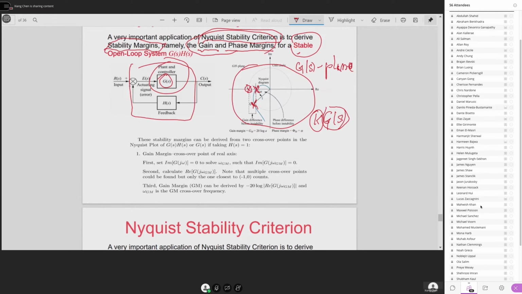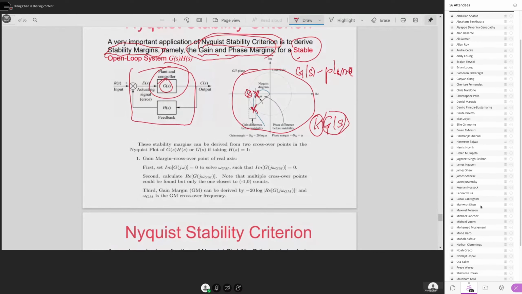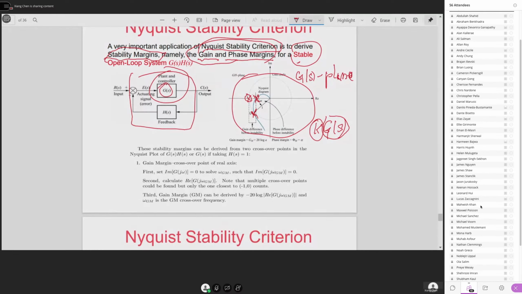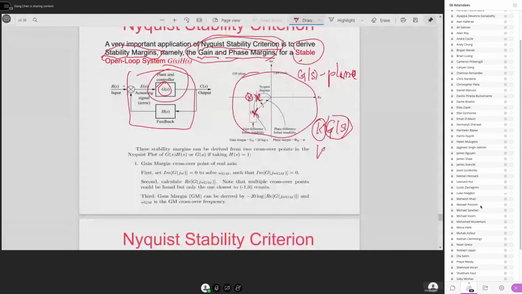It's going to expand or shrink the Nyquist plot, depending on the value of K. If K is larger than 1, because you multiply K with G(s), it's like you exaggerate the magnitude of G(j omega), so you expand the plot.